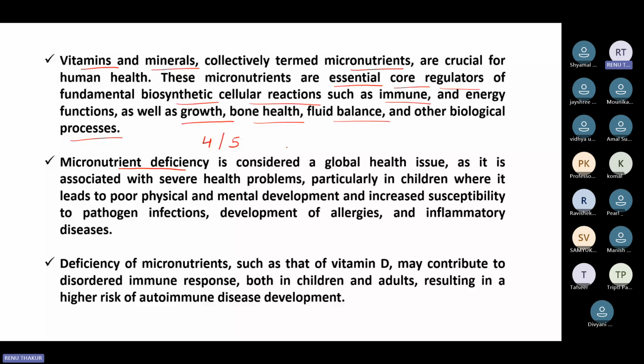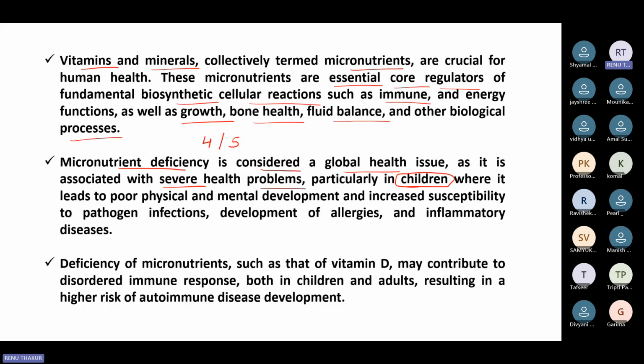So micronutrient deficiency is considered a global health issue as it is associated with severe health problems, particularly in children, because we can see children only eat certain things. They don't eat any vitamin rich or mineral rich food, like they don't like fruits, they don't like green vegetables, which are very beneficial for having vitamins and minerals.